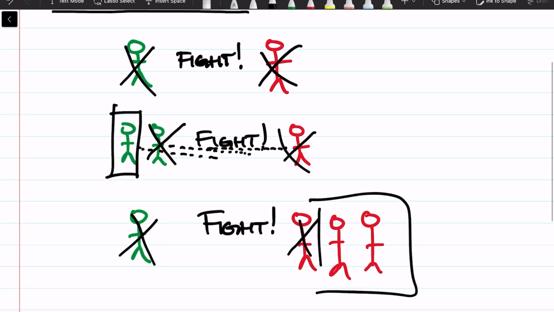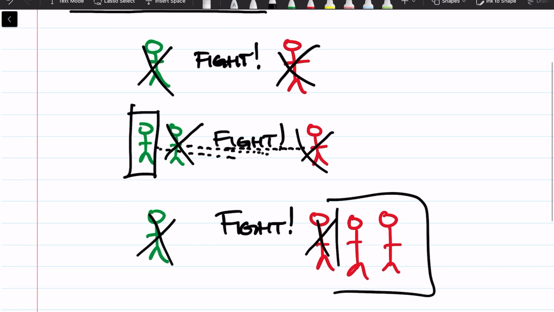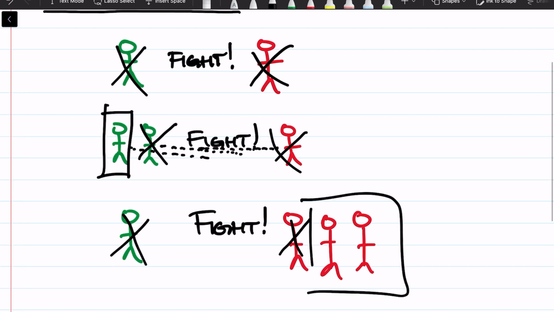So with this, we could have this image that depending on which army is bigger, that army is going to win, right? Because each person that kills a soldier is also going to die by that soldier as well. But if you have extra people, they're not going to get hit at all.